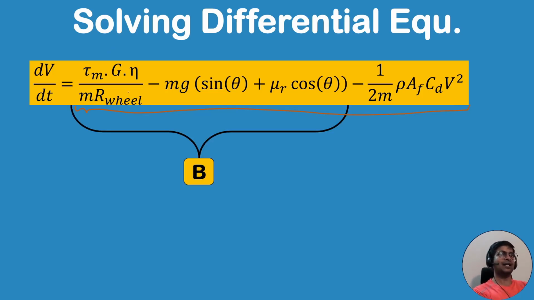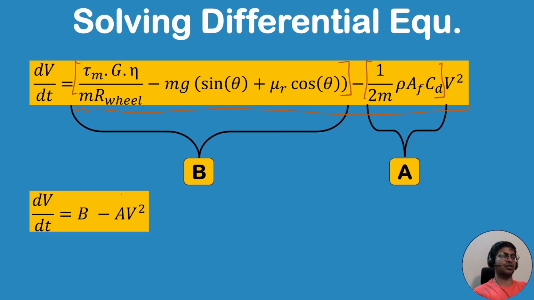Then this entire term becomes a constant, which I have named b, and the next term is also a constant. So we can write this differential equation in this form: dv upon dt is equal to b, which is nothing but a constant, minus a into the square of the speed of the vehicle. Now we can rearrange this equation and write it in this form: dv upon b minus a v square is equal to dt.